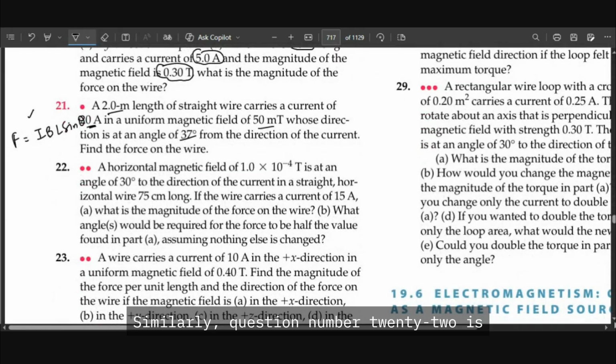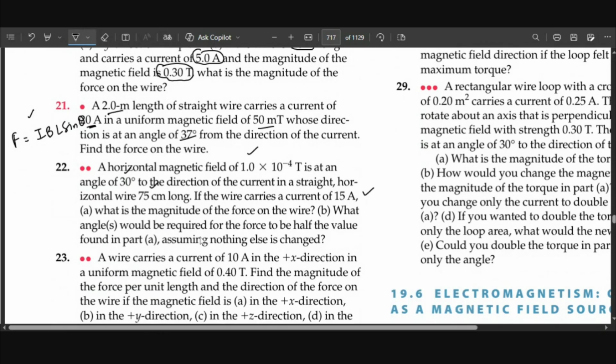Similarly, question number 22 is going to be the same. We have to find the force. We have the value of current, the magnetic field, the length, and also theta, that is sine 30. Substitute all the values and you'll get the answer for the force.